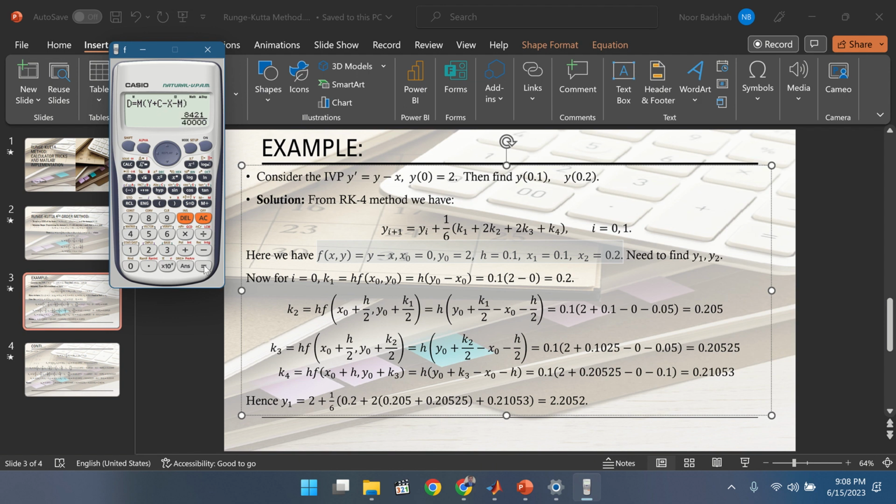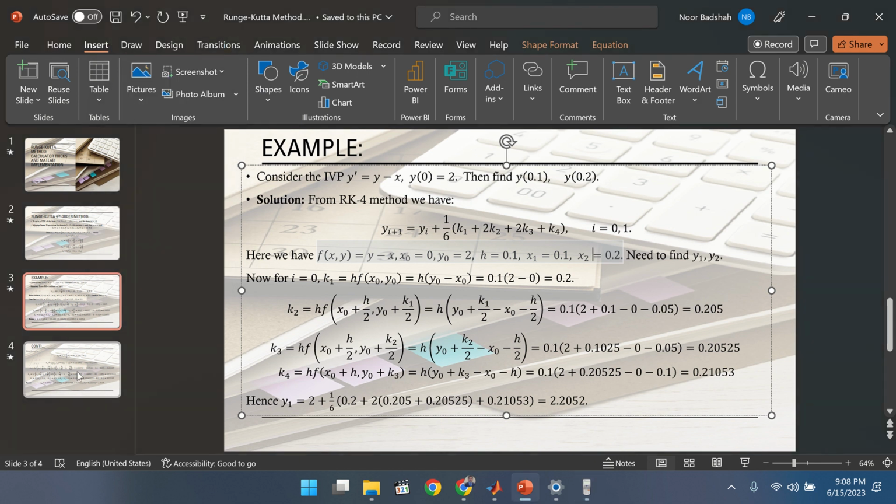Then we press equal to get 0.21053. Now if you press equal, you'll get the value of y, which is 2.2052. If you round this to 4 decimal places, if you go to the 5th decimal place, you'll be at 2.20517, and so on.